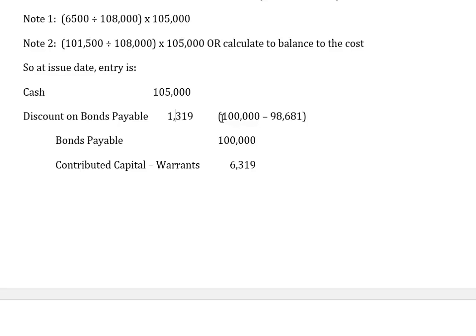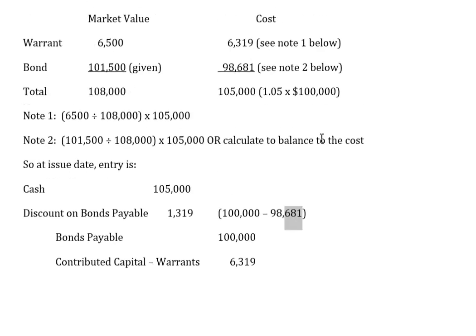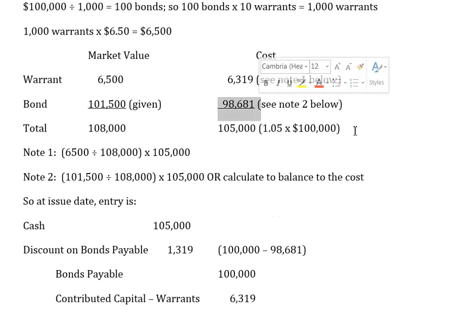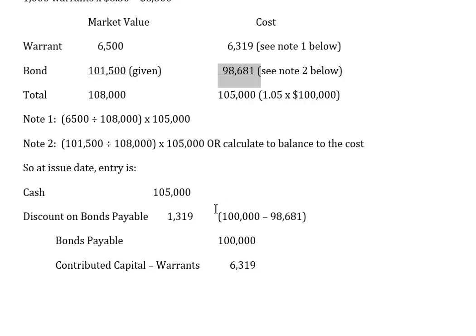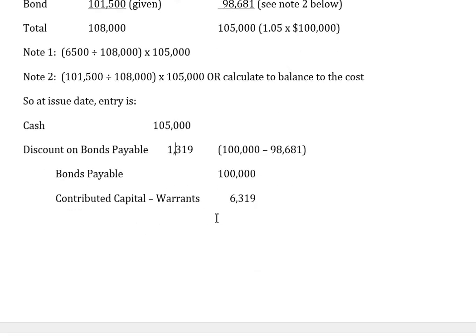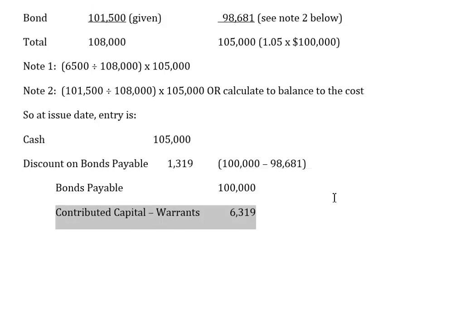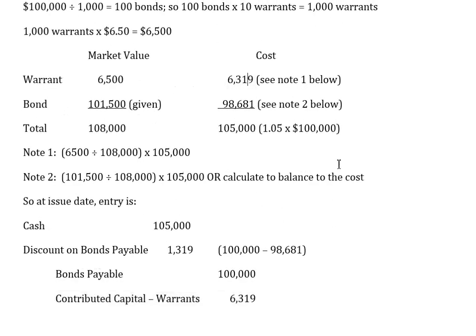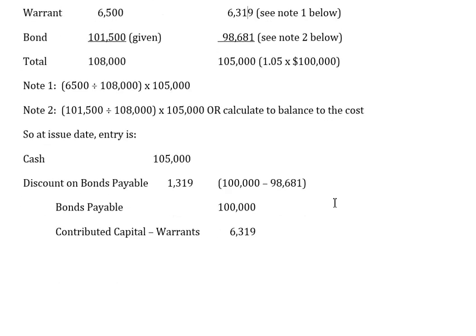How do I know? Because the face value is 100,000 and the carrying value is 98,681. That's what I got when I used the proportional method. So my discount is 1,319, and I also have to record the contributed capital on the warrants, which is 6,319. That's the value that I allocated of the entire cost of 105,000, using the proportional method. So that records our bond with the warrants at the issue date.